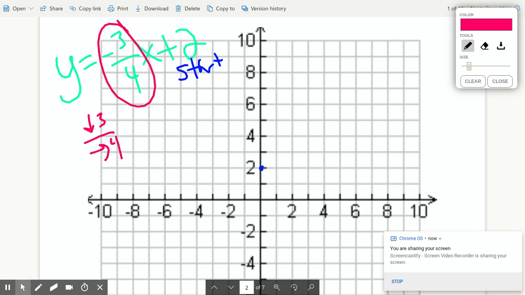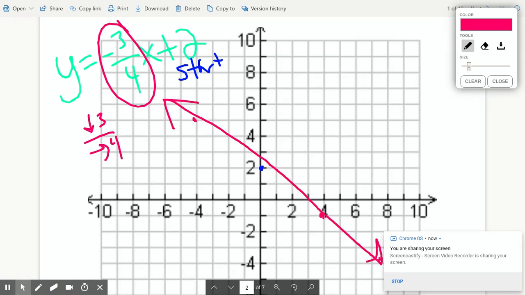So down 3 to the right 4 is this point right here. Down 3 to the right 4, it's going to be right there. Up 3 to the left 4, right there. So it makes your nice straight line.